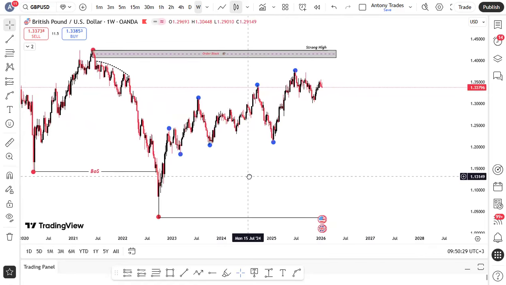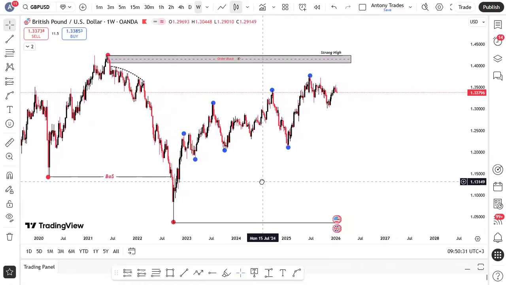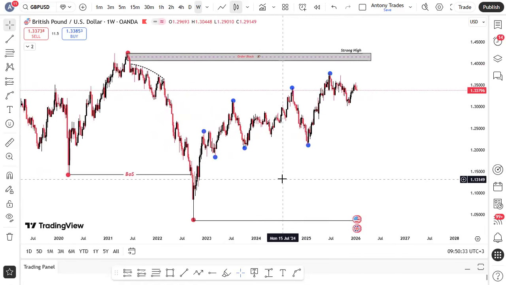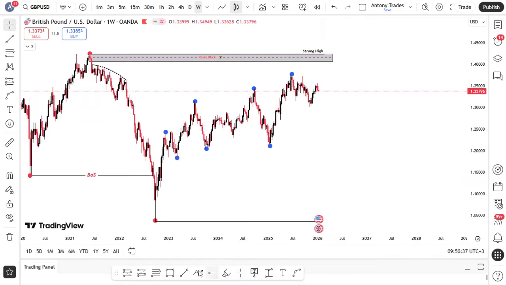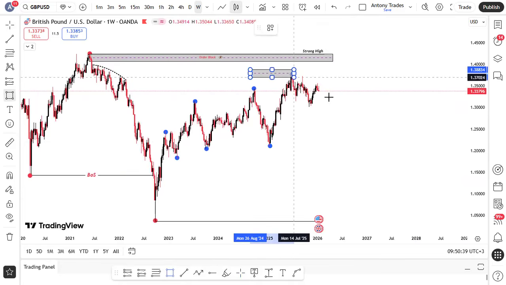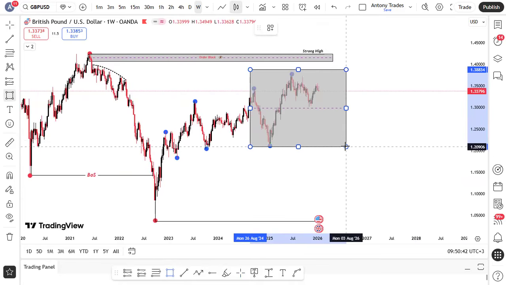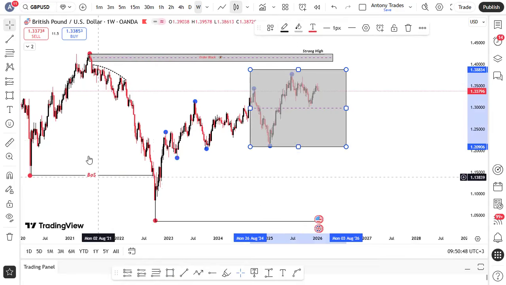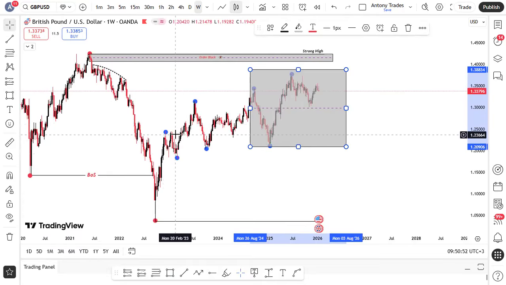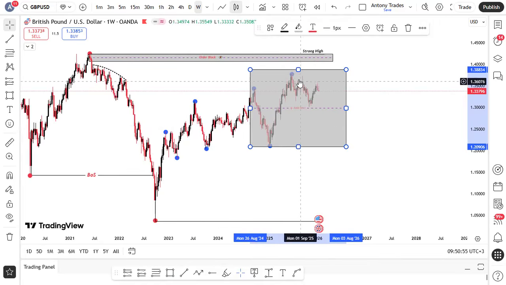If you have been watching my videos, you know very well that in this kind of scenario, what I need to pay attention to is only this area, because we are intraday traders. Whatever has happened in this area is not that important compared to this area here, because this is what we'll be reacting to.